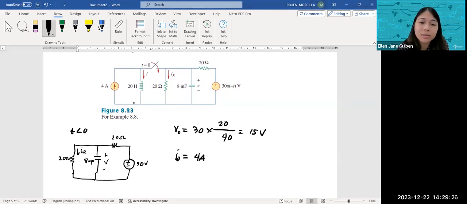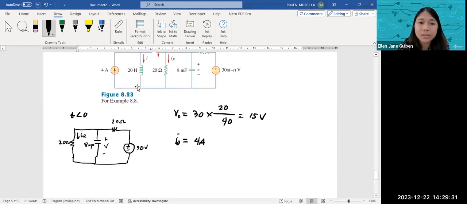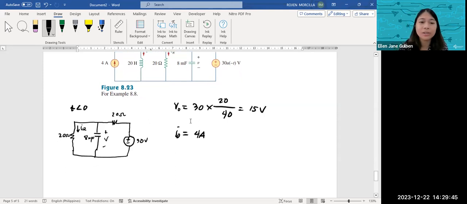Since there are only two of them, the 4 amps has nowhere to go but through the inductor. So there we have our initial conditions.